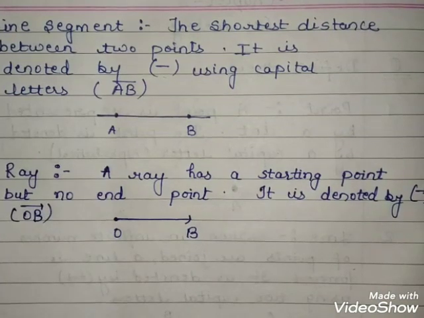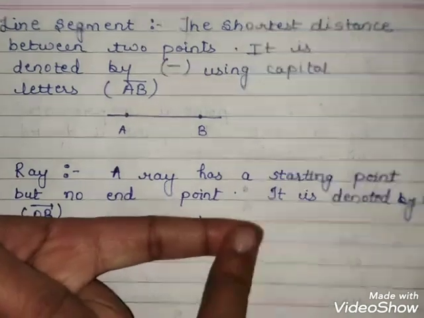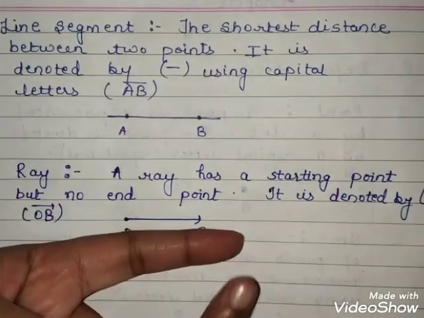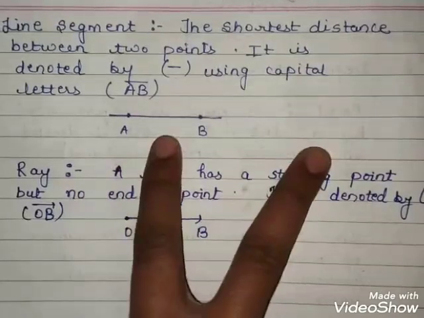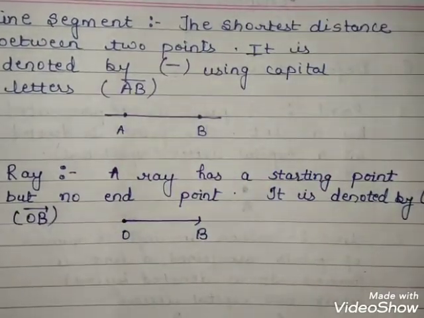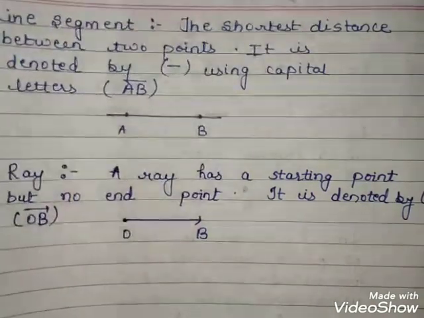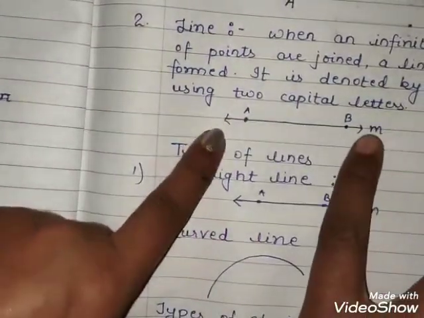So children, here we have got three things, right? In all these three things, line, line segment and ray, there is a difference. Line has two extending points, right? Line दोनों तरफ से extend की जा सकती है. It means it has arrow at both the sides.